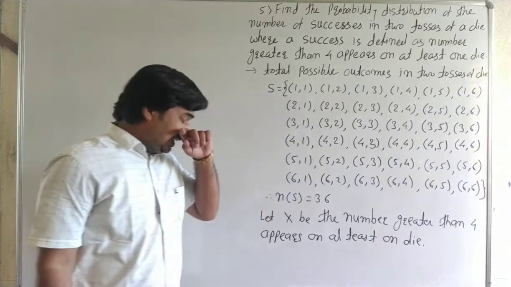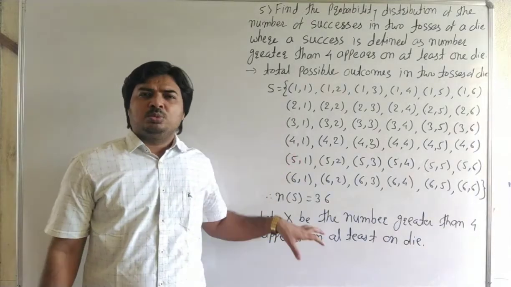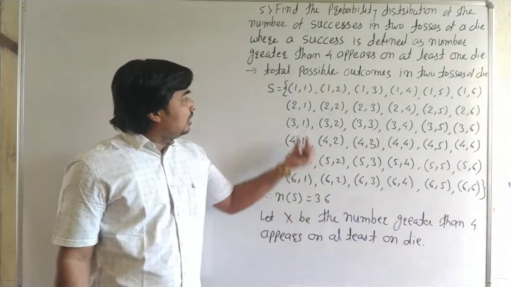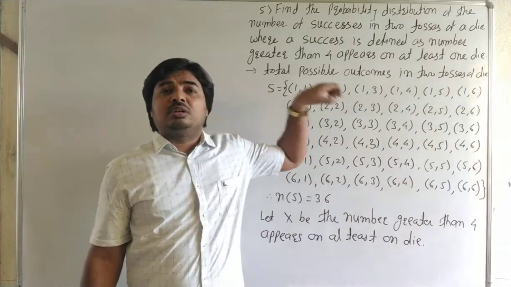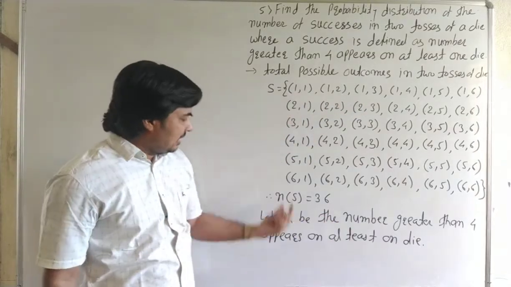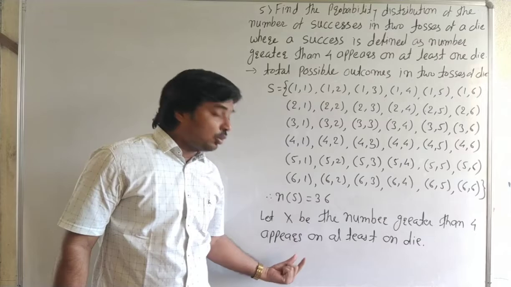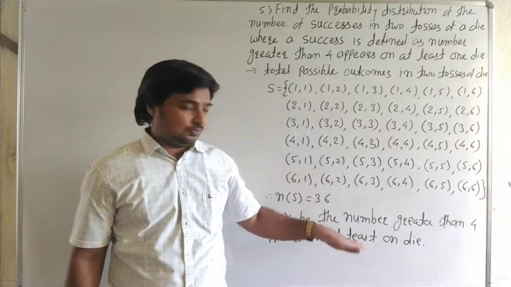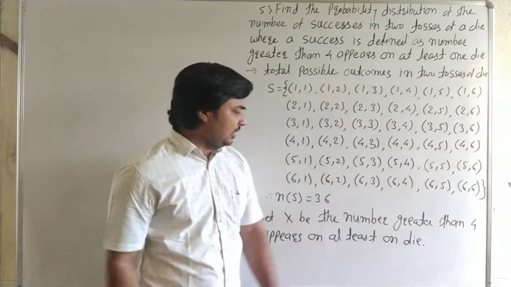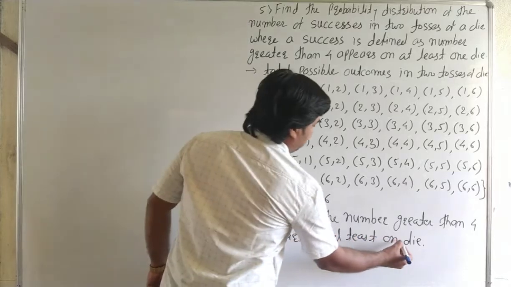Now x is a random variable. Now we check in all outcomes the value of the random variable. Here the random variable is the number greater than 4 on at least one die.